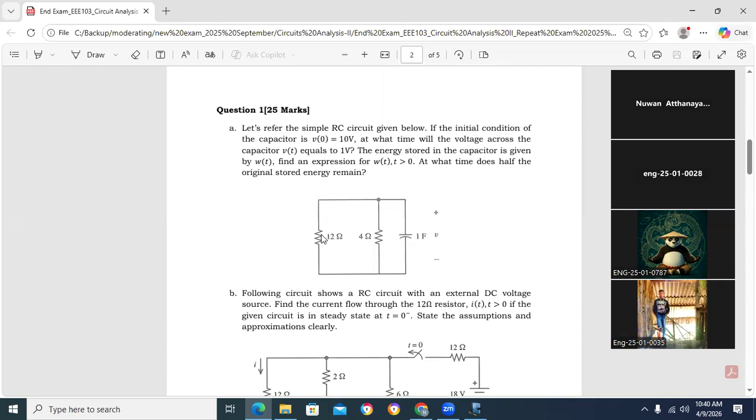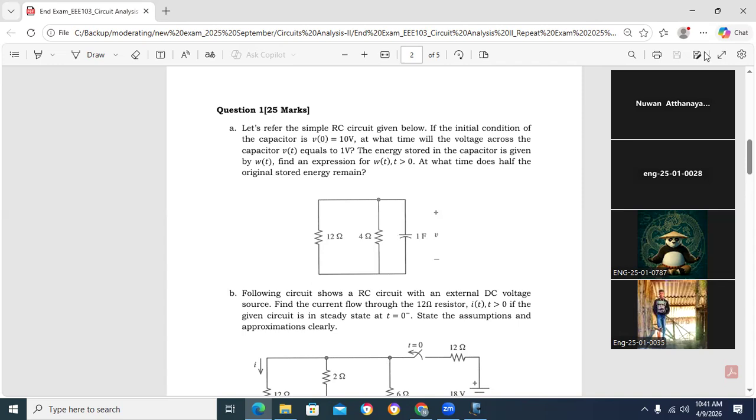For example, this may be an RLC network. I told you that RC, RLC and RL networks are there. So sometimes it may be an RC circuit with the DC source, but you have to solve it in the same way.